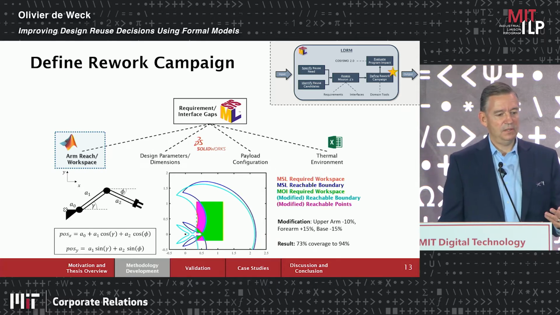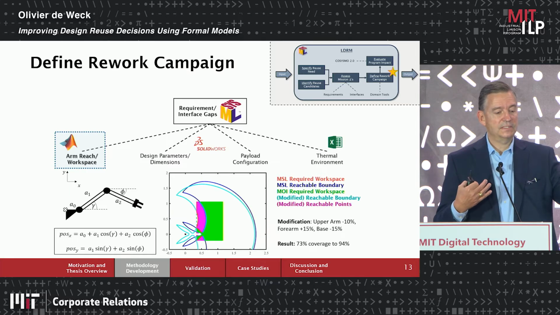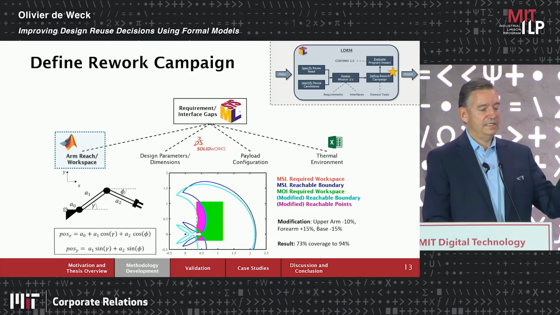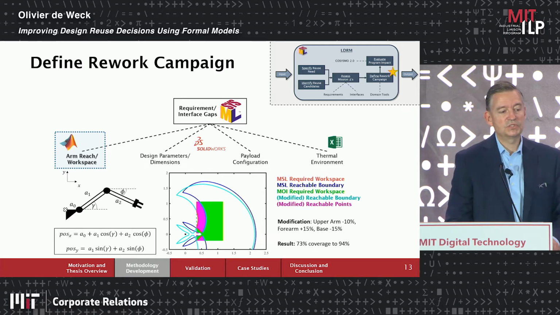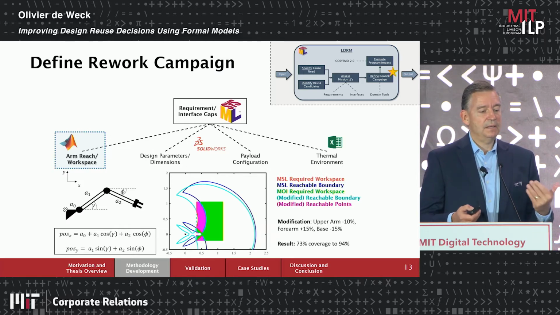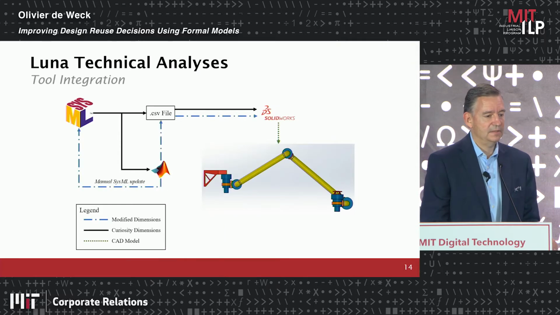By modifying the arm, for example, shortening the upper arm by 10%, lengthening the forearm by 15%, and shortening the base by 15%, we can move from only 73% coverage to now 94% coverage, which we need for the new design. So this will tell us how much modification we need to do to that element for it to be satisfying our requirement, at least to 94% accuracy.